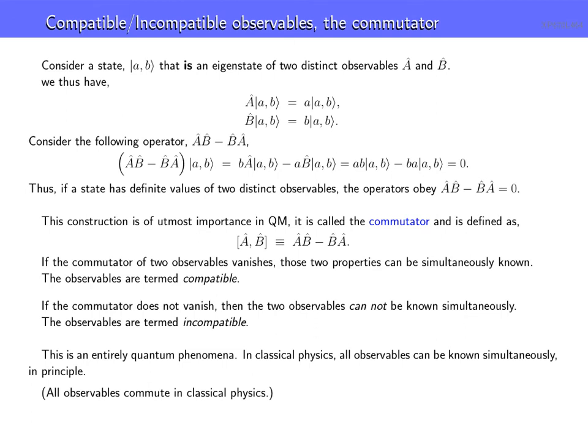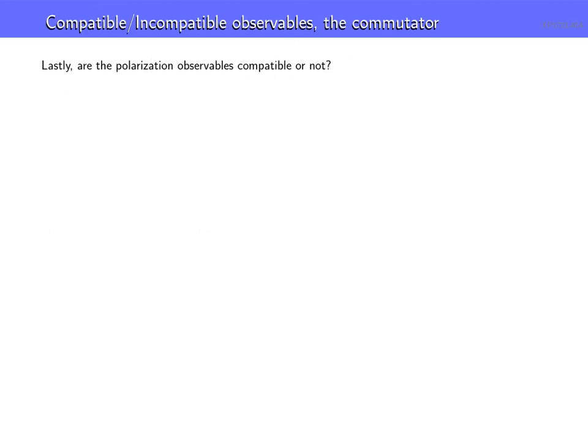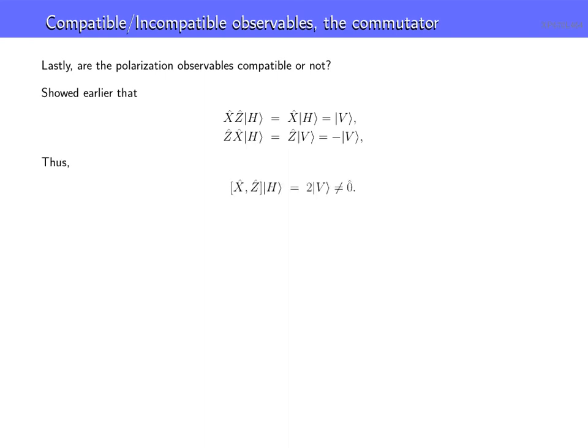Okay, let's go back and look at our polarization. Are the polarization observables compatible or not? Well, you should probably already know the answer to this, but let's go through it. Because we showed earlier, remember, X or Z acting on H, then X acting on H, we got V, and then we did it in the reverse order, we got minus V. So if we construct a commutator in this case, we get XZ on H is equal to 2V, which is not equal to 0.